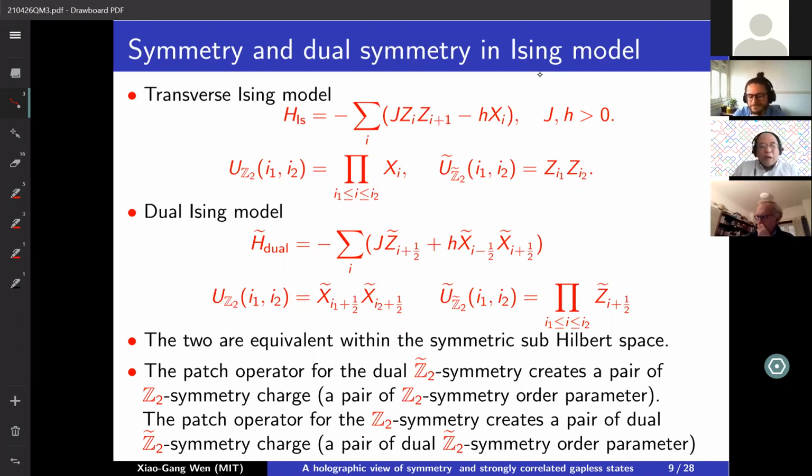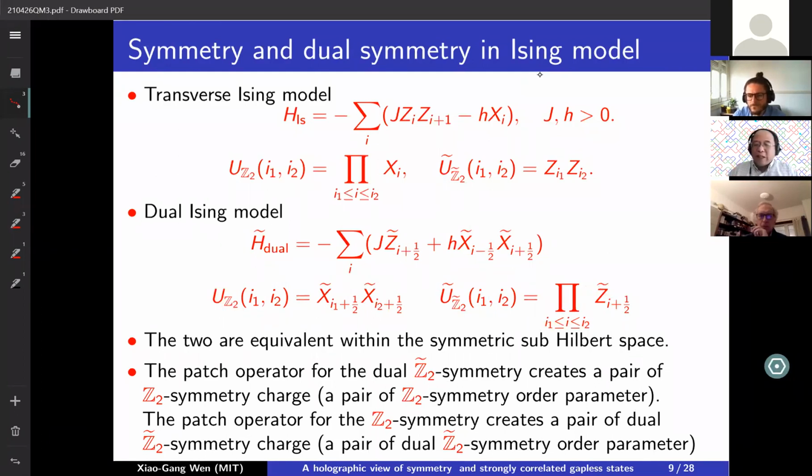However, in the dual Ising model, we have these two patch symmetry operators, but now the original Z2 symmetry became empty in the bulk, while the Z2 dual symmetry seems non-trivial in the bulk. The point is that the so-called local symmetric operators, which commute with both of them, really are equivalent.